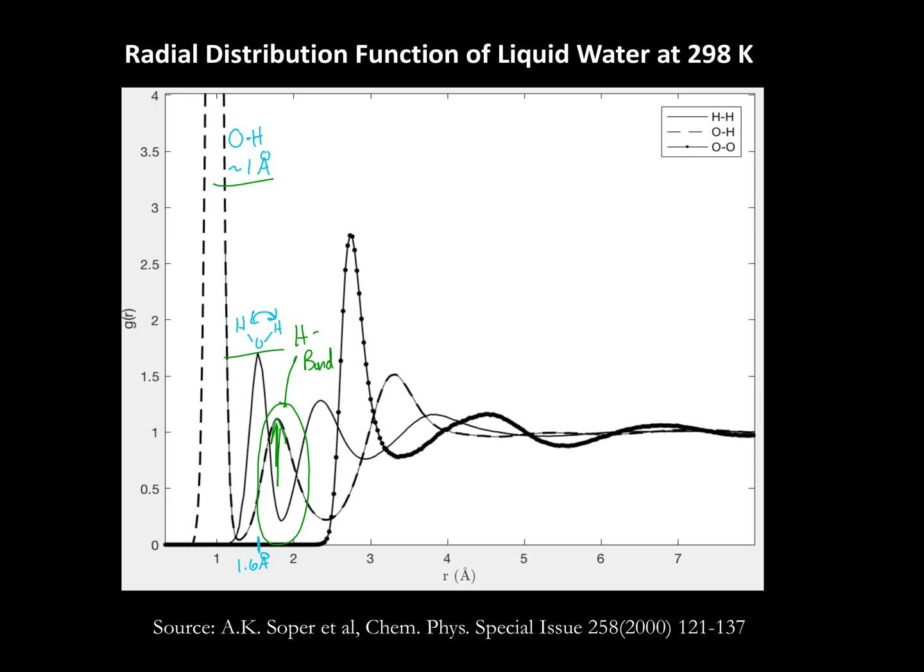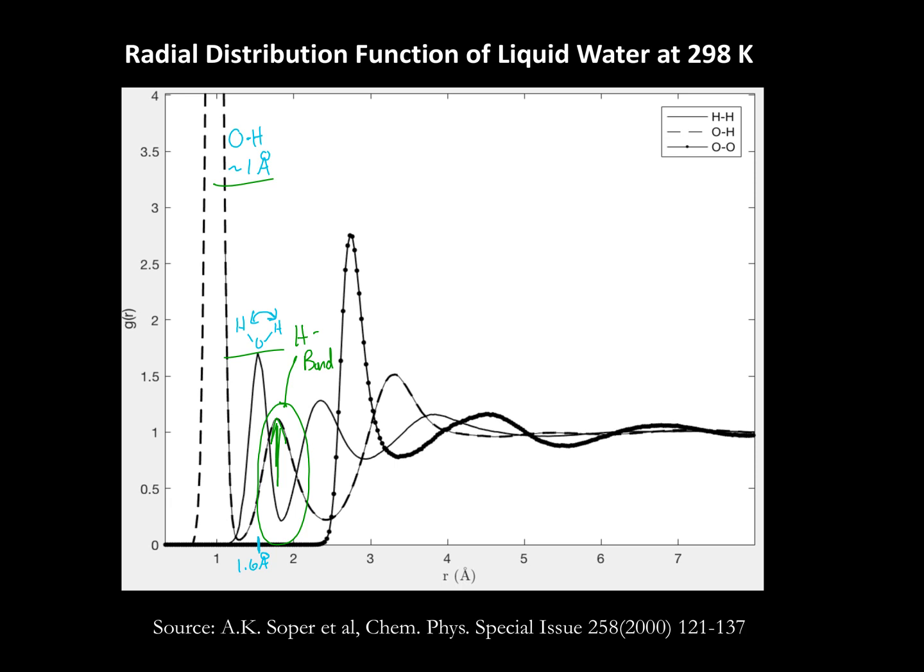So we know that the hydrogen bond is a very strong bond because it gets two particles that are not covalently bound together basically as close as any other non-covalent bond that we know about.